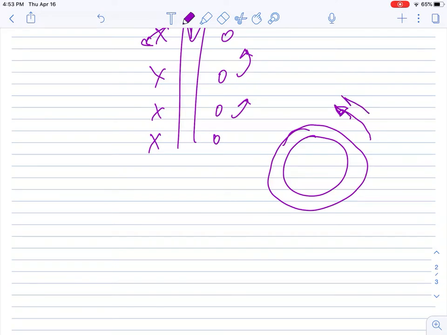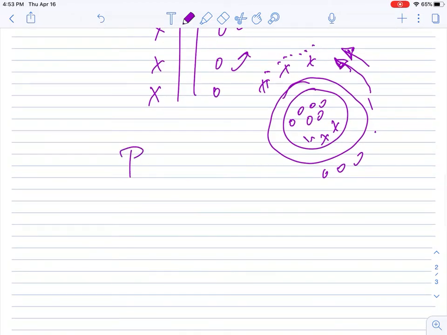You point your thumb in this direction, and then on the top, you would have X's, and inside of there, you would have O's, because your fingers would be pointing into the page here, and they would be coming out of the page on the inside. Now, if you reverse it and had the current going in the opposite direction, then you'd have X's on the inside and O's on the outside.